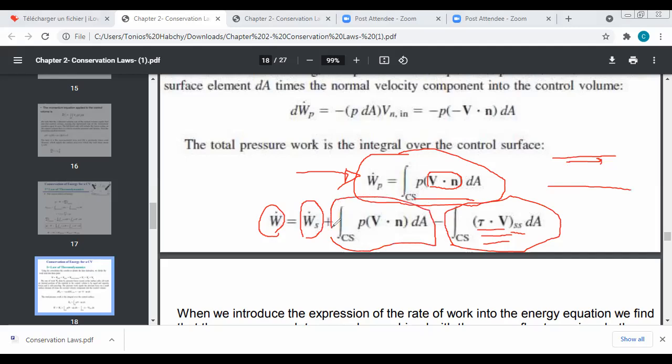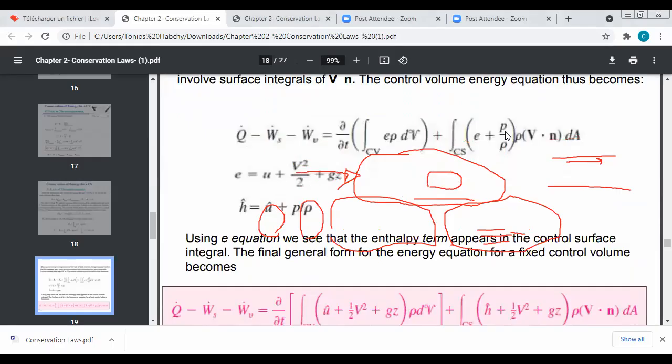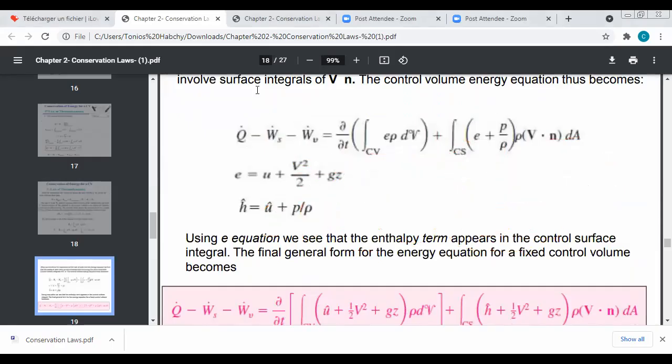Now, if I go back to my Reynolds transport theorem, it will take into consideration the work of all forces: the shaft rate of work, and the W dot V term, which represents the viscous effect due to shear forces.